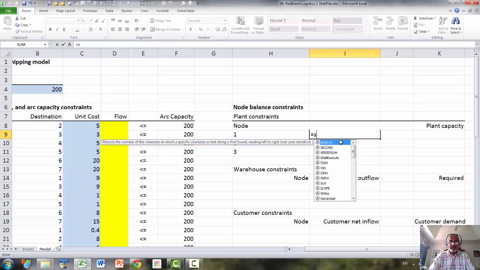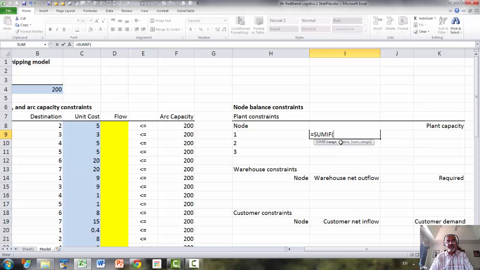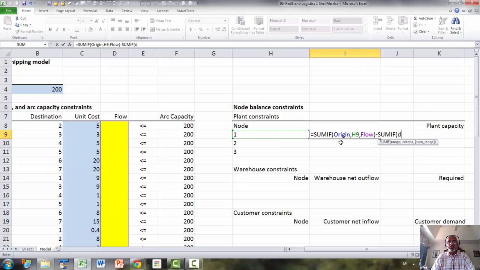So here we need to first do a SUMIF with origin, with the node number as the criterion, and we sum the flow. This will give us the quantities that are flowing out, and you subtract what is coming in, so that will be SUMIF for the same node number, but you look at the destination and then you sum the flow of that.